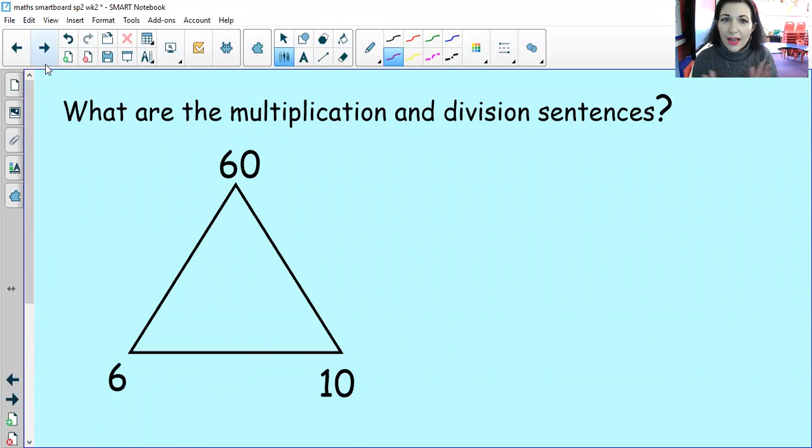Right. Here we have a multiplication and division triangle. We've looked at triangles and part-whole models quite a lot over the past few weeks. It's a really nice, easy way, just like a bar model, to see the numbers and let your brain get all fizzy with brain electricity and make the connections. Let's have a look at these numbers first of all before we panic.